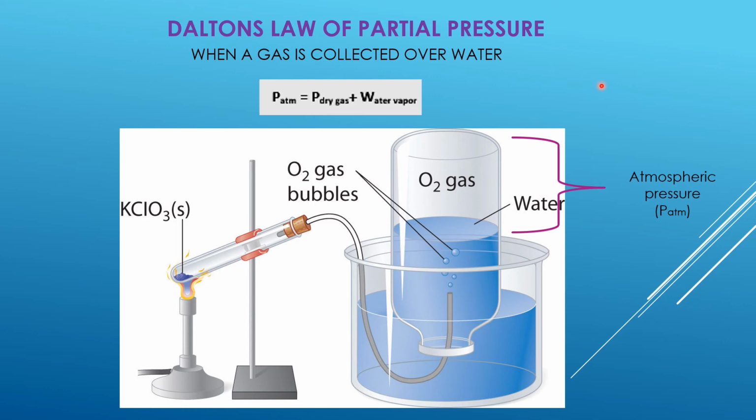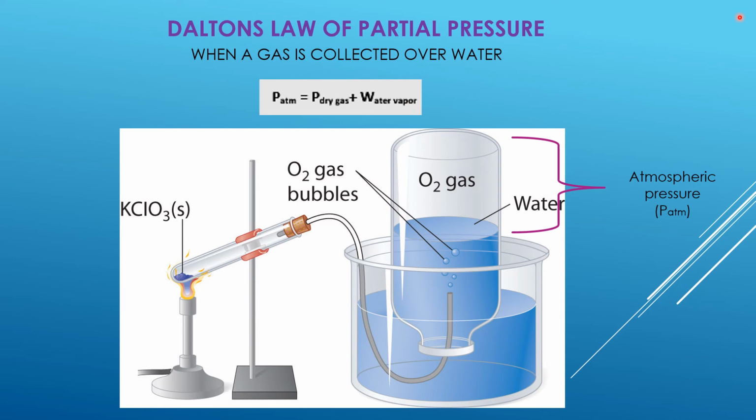And that sum is going to give us the total atmospheric pressure. So you will be given in questions the total atmospheric pressure. And when that is given, be rest assured that this pressure is due to the sum of the pressure of the gas that is collected plus the pressure of the water vapor.